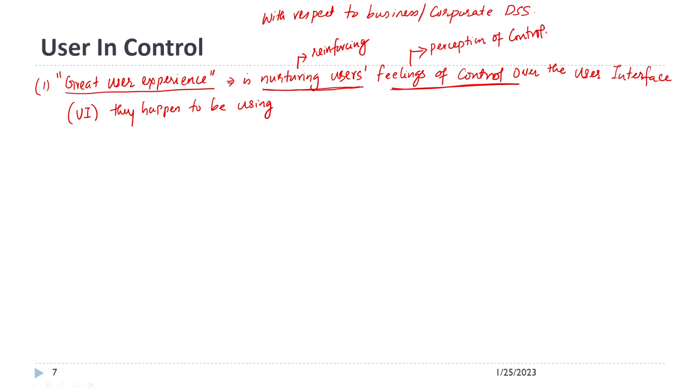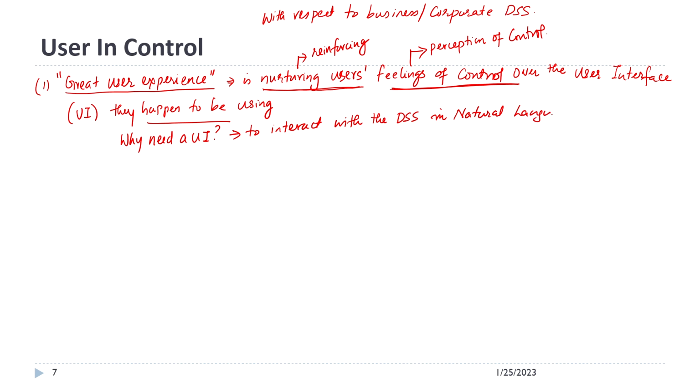The user perceives that they are in control over the UI they happen to be using. Because why do you need a UI? The answer is to interact with the DSS in natural language. We already saw that earlier.